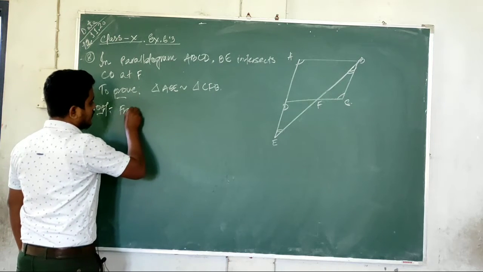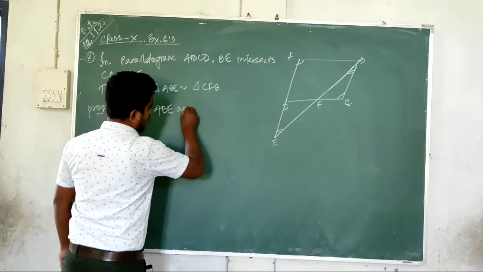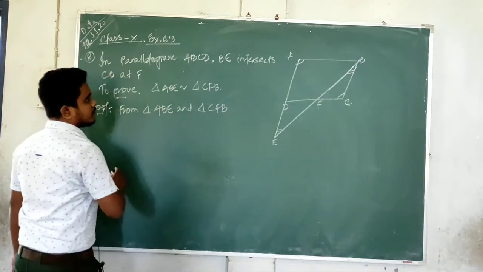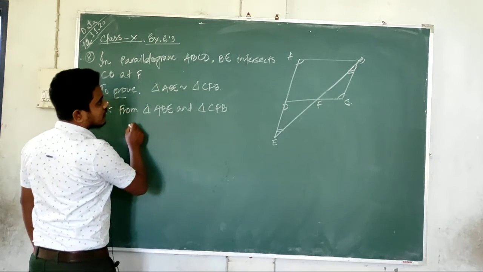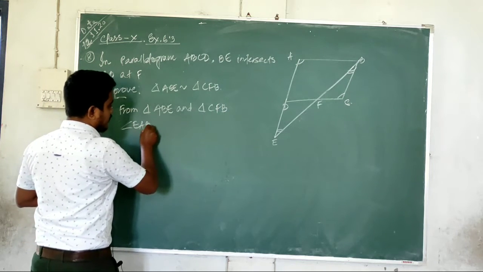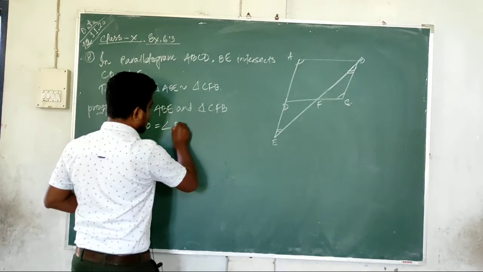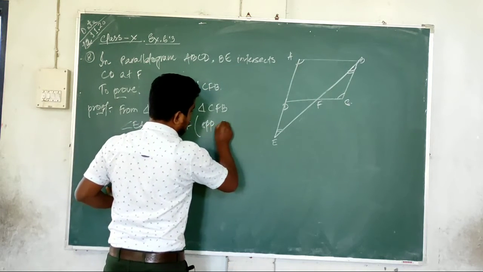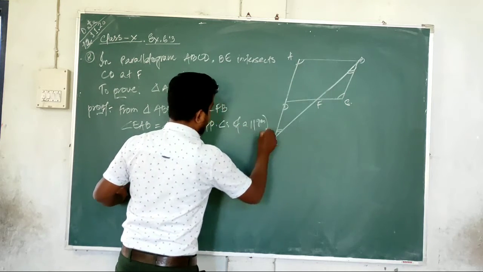From triangle ABE and triangle CFB, we can say that angle EAB is equal to angle BCF, and the reason is opposite angles of a parallelogram.